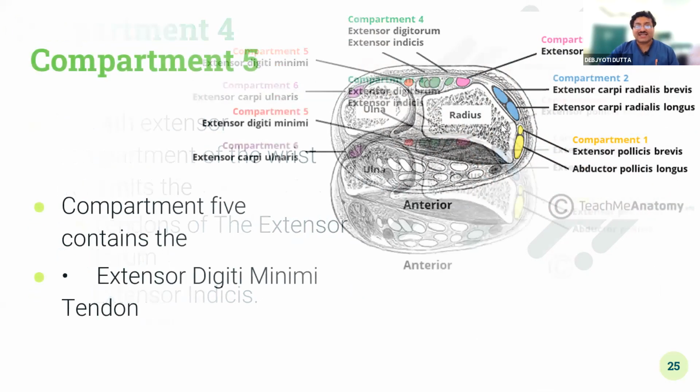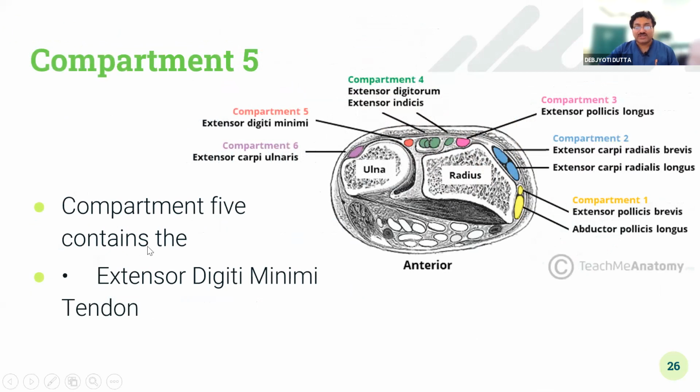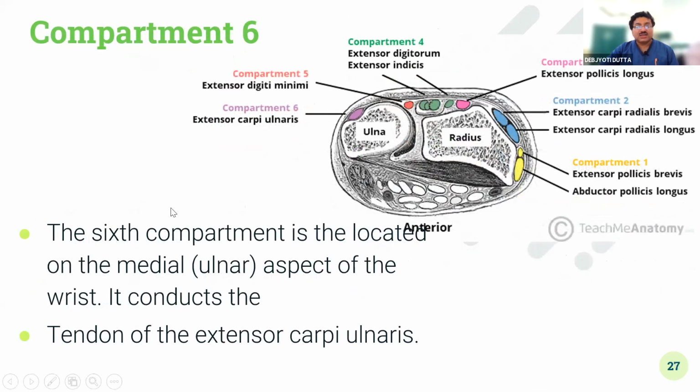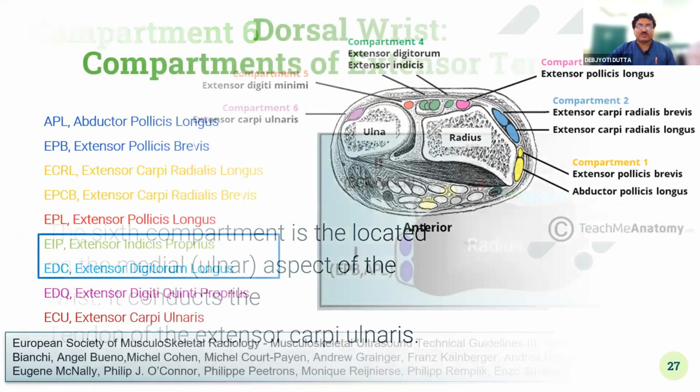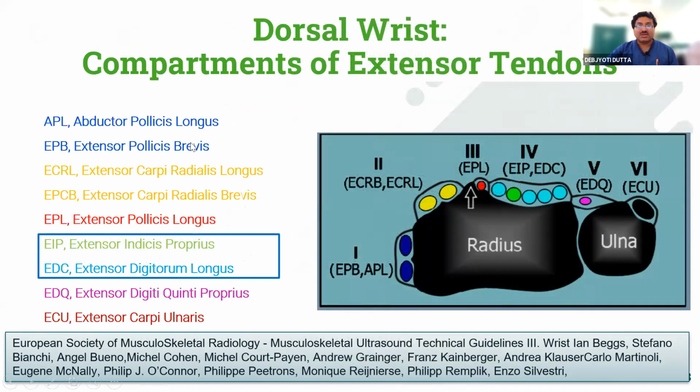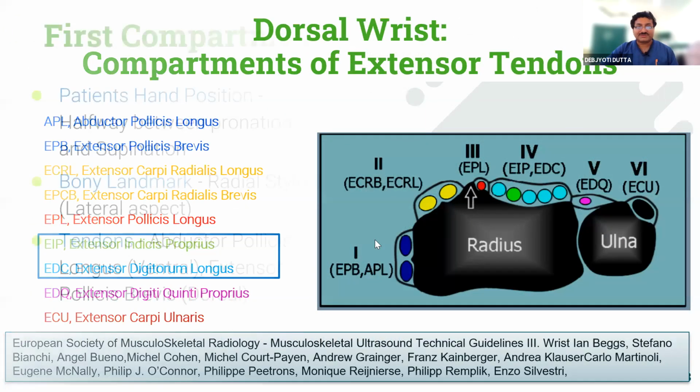Next is the fifth compartment where we get the extensor digiti minimi, and in the sixth compartment we get the extensor carpi ulnaris. Again, today I will not be showing these portions. So this is the whole of all the compartments.